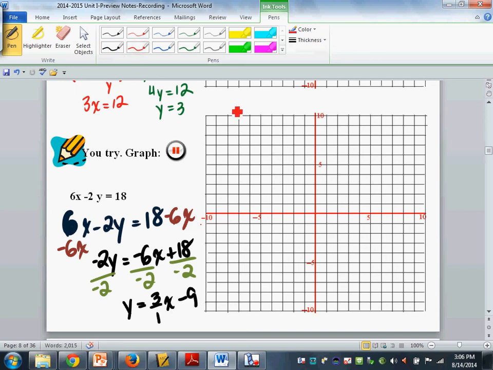Or I can do intercepts. My intercepts are this. Remember, it's blank, comma, 0, and 0, comma, blank. So if I put a 0 in the y, I have 6x equals 18.